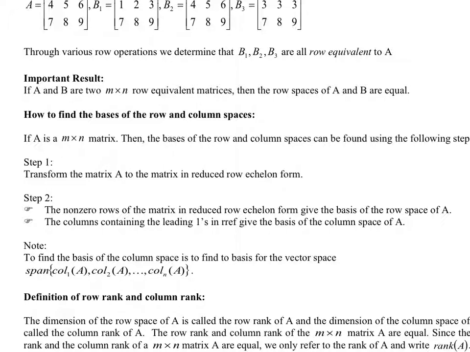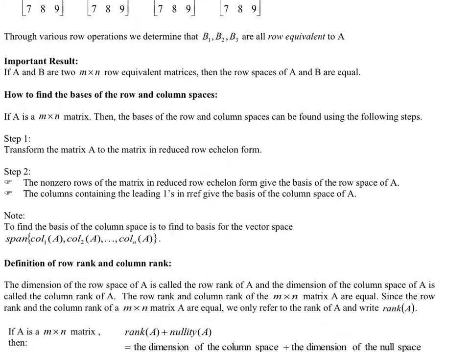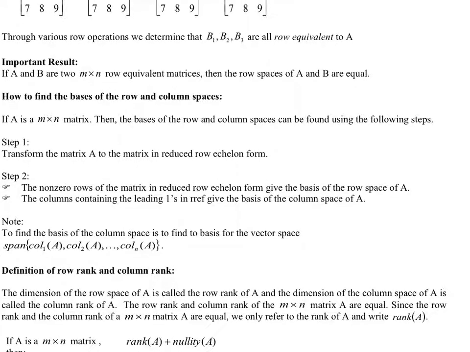So it's not bad. The first step in the process is something you're very familiar with, reduced row echelon form. So row reduction. The non-zero rows of the matrix in row reduced form give the basis of the row space of A. The non-zero rows.